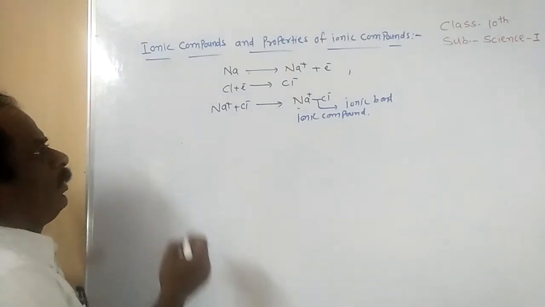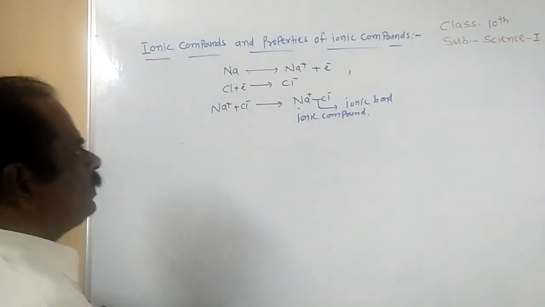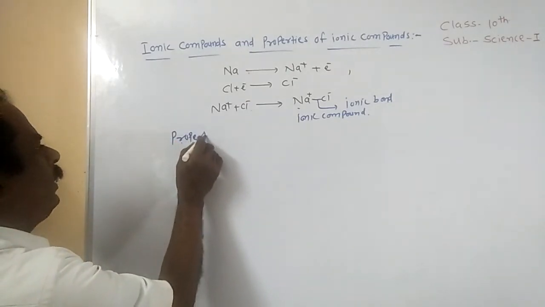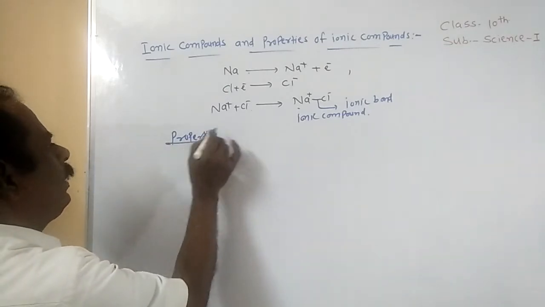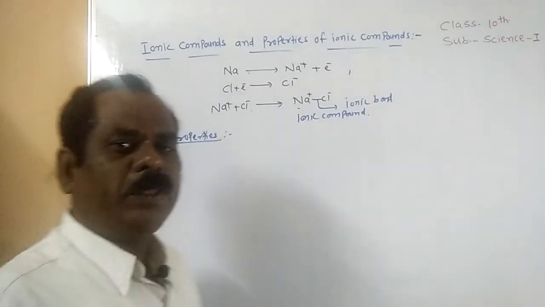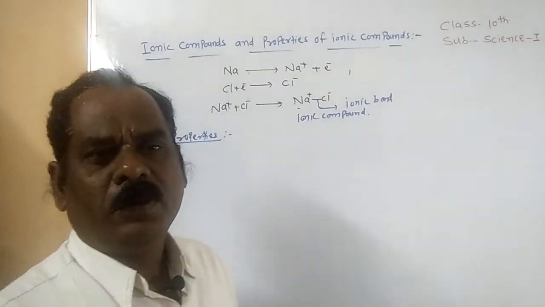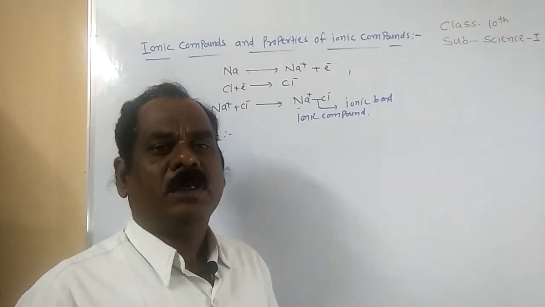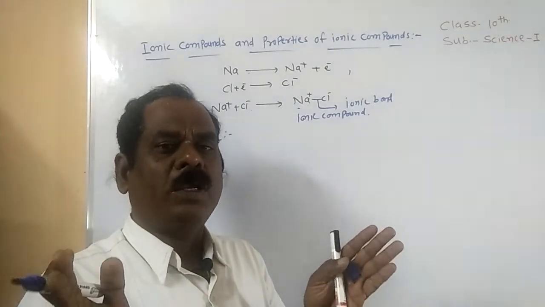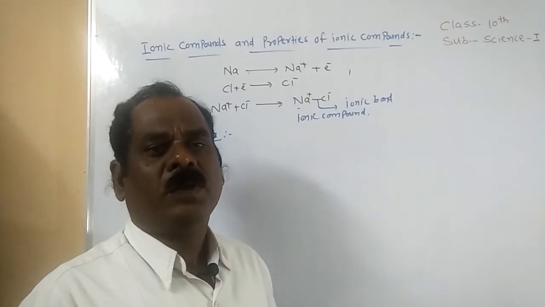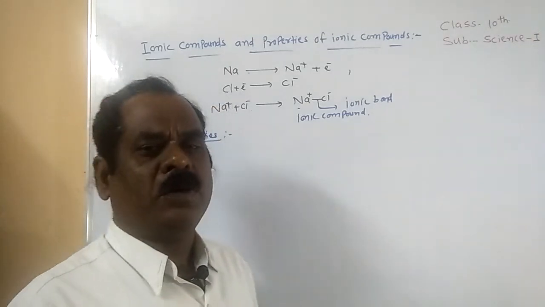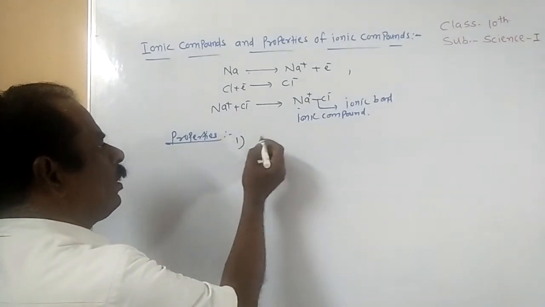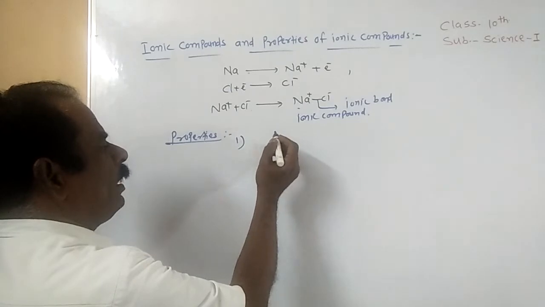Understand? Then properties. What are the properties of ionic compounds? You know that an ionic compound has two oppositely charged ions, cations and anions. These ions have a strong electrostatic force of attraction. Due to the strong electrostatic force of attraction, generally all ionic compounds occur solid in state and hard in nature.